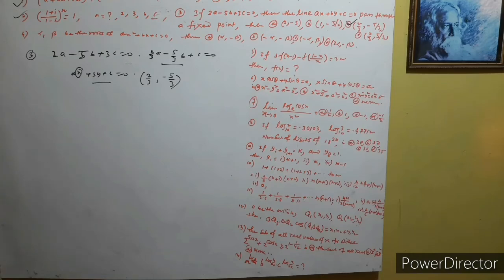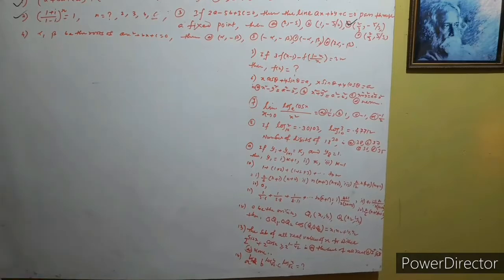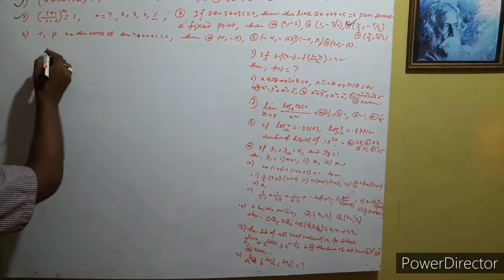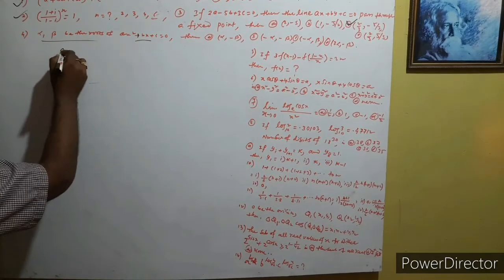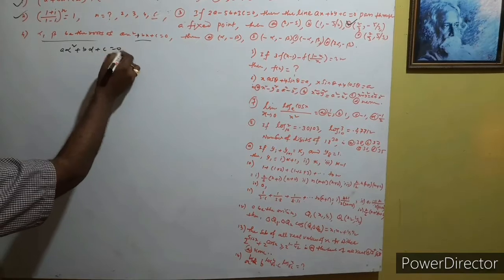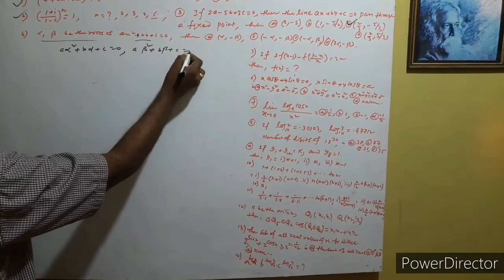Okay, now we have to proceed to question number 4. A very interesting question. Alpha and beta are the roots of this equation, so we can easily write aα² + bα + c = 0 and aβ² + bβ + c = 0.